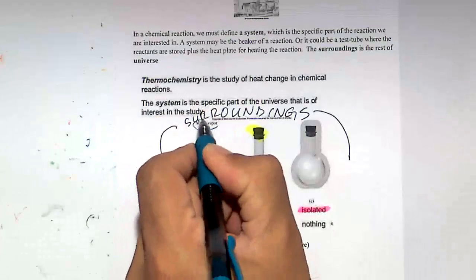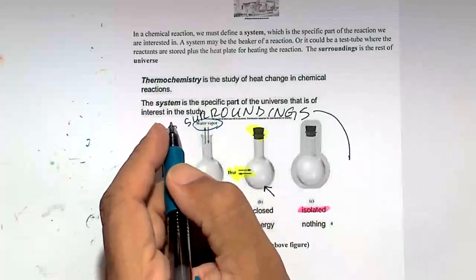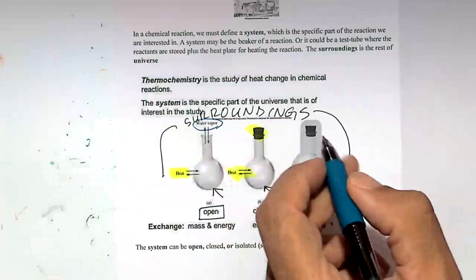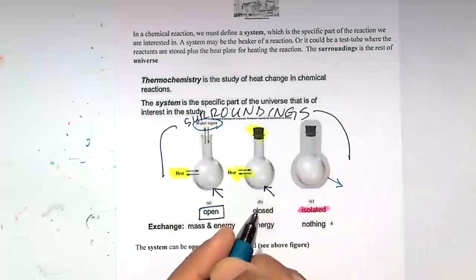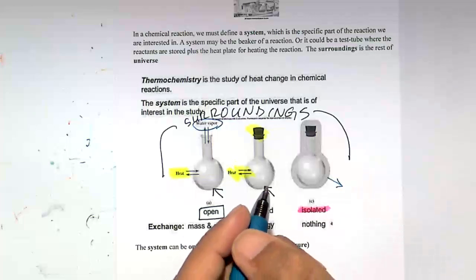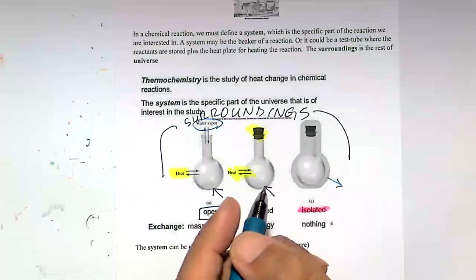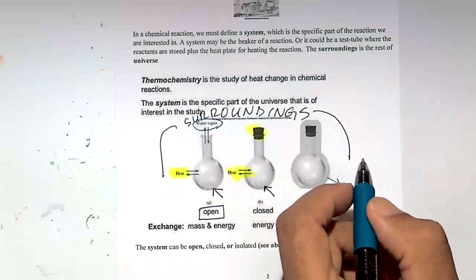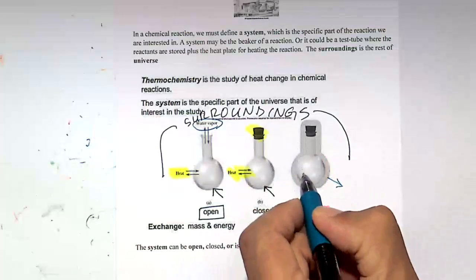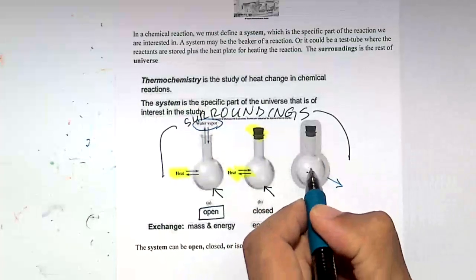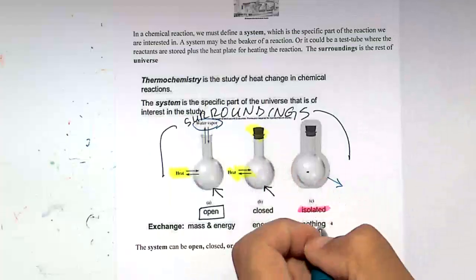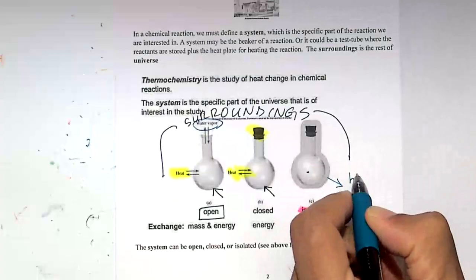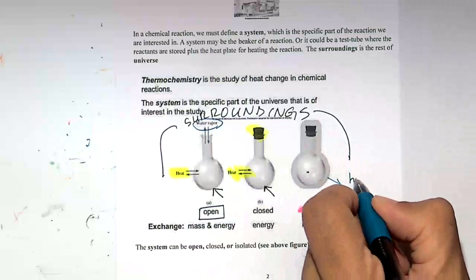No heat and no mass, nothing. Have you heard of this term called hermetically sealed? Hermetically sealed means it has a constant temperature and a constant pressure. This is an example of an isolated system.